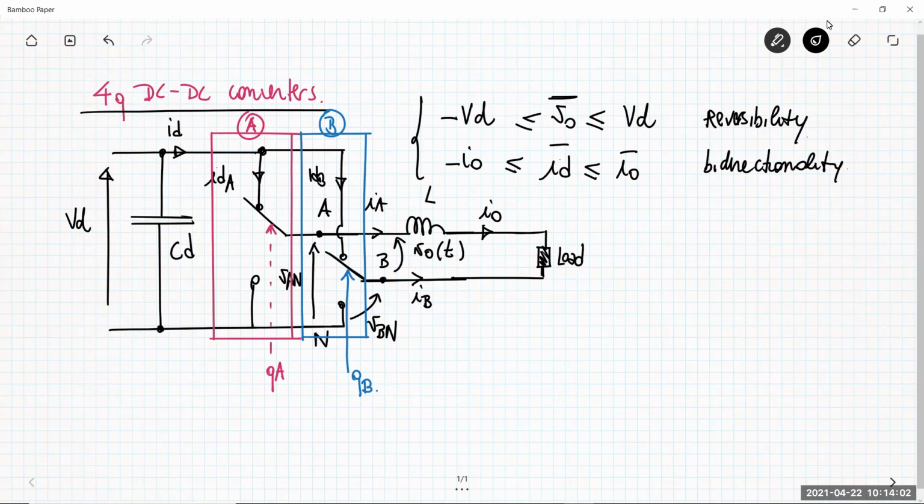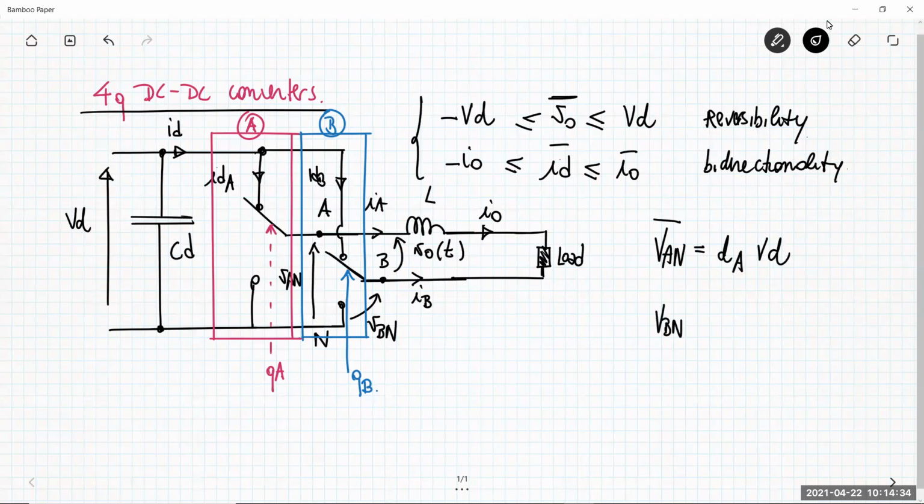Let me show you how we can get these two basic features using this four-quadrant DC-DC converter. As you will know, the average voltage at the output of the leg A, so the voltage VAN, is simply given by the duty cycle dA, the average value of the unitary switching function QA over a period Ts, multiplied by the common input voltage VD.